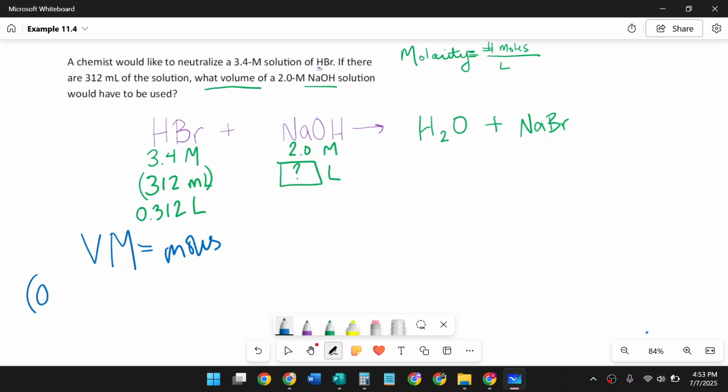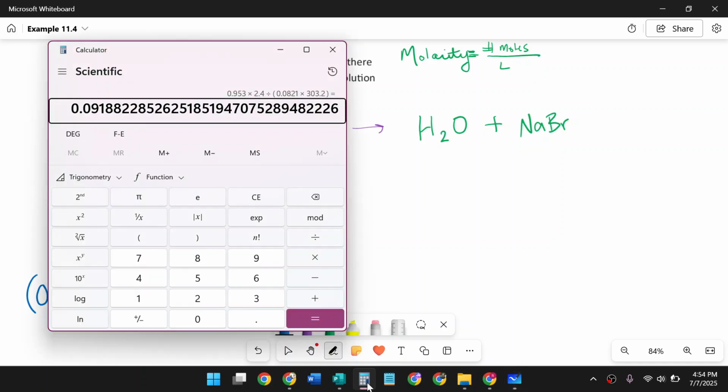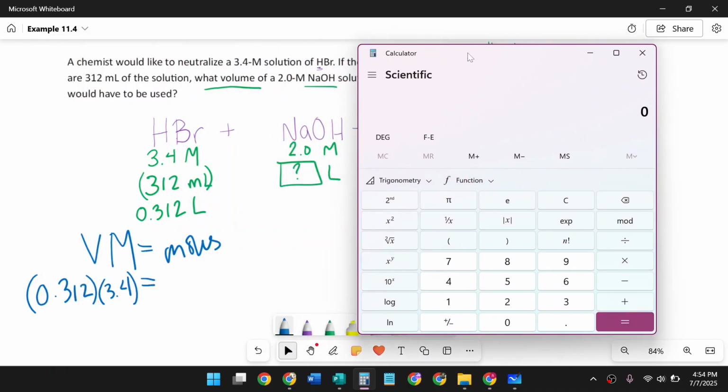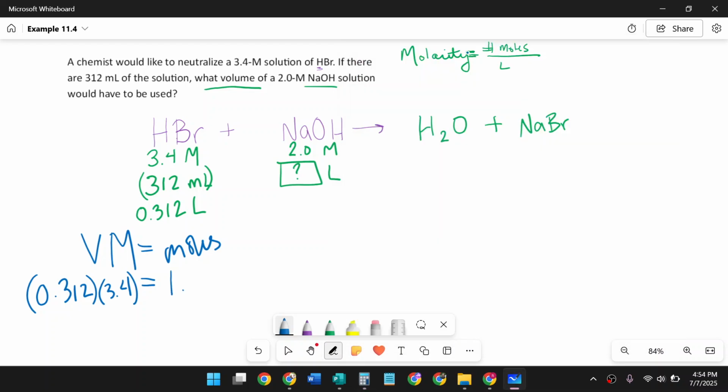All right, so 0.312 times 3.4, and that'll give us how many moles we have of this HBr. All right, so we can only keep two significant figures, so that's going to be 1.1. So we have 1.1 moles of the HBr.